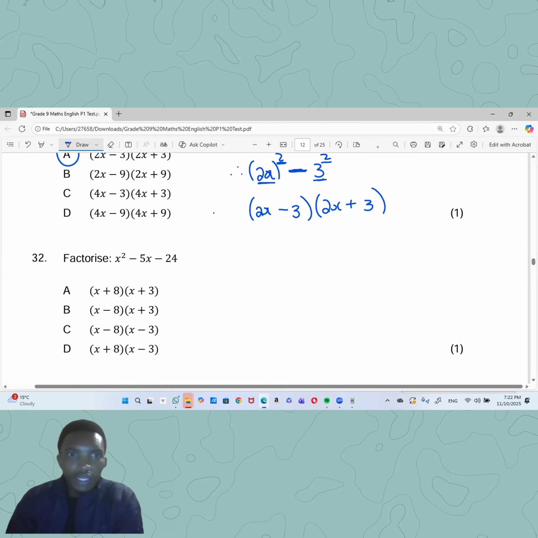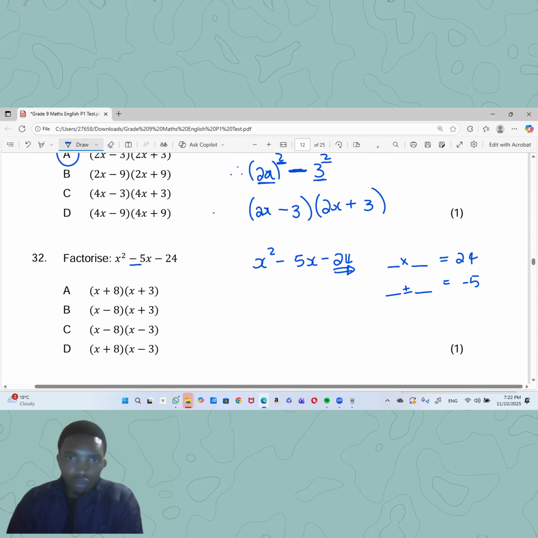On 32, we're given this trinomial, x squared minus 5x minus 24. Remember, the important term on a trinomial is that number there, right? We should find two numbers that, if we multiply them, give us 24, and if we add or subtract those same two numbers, they should give us this number here, which is -5.